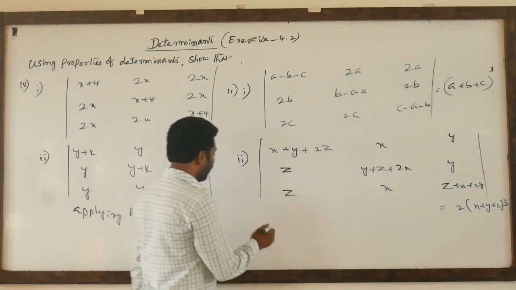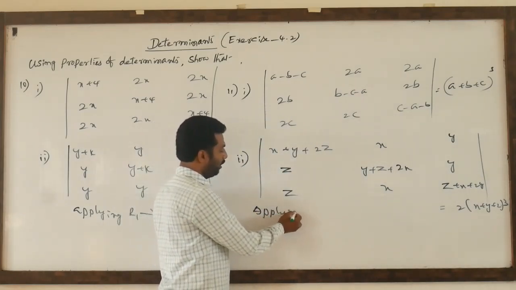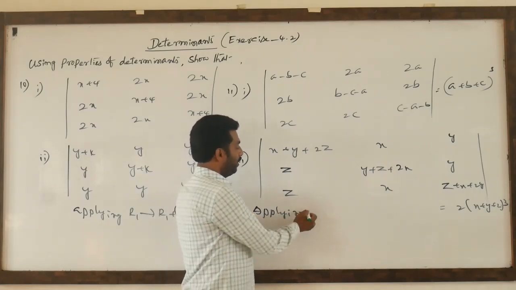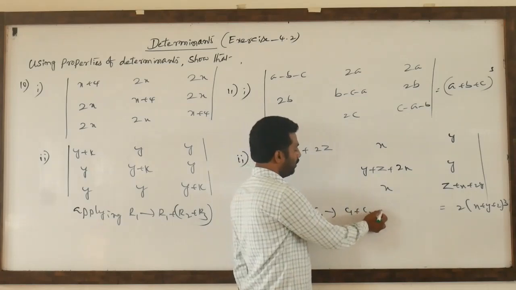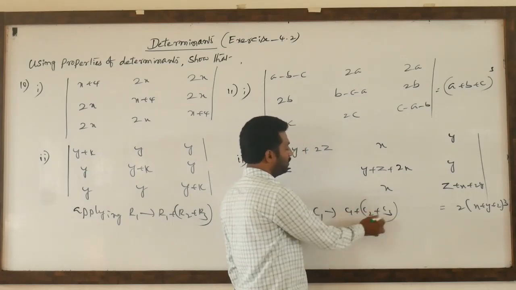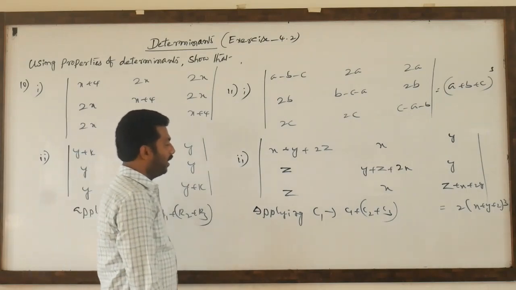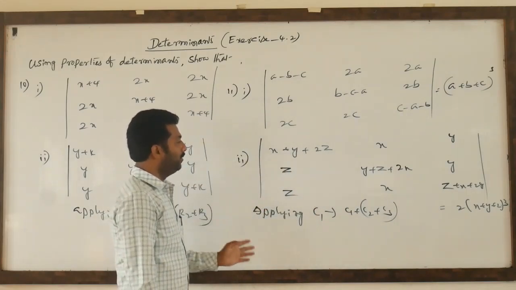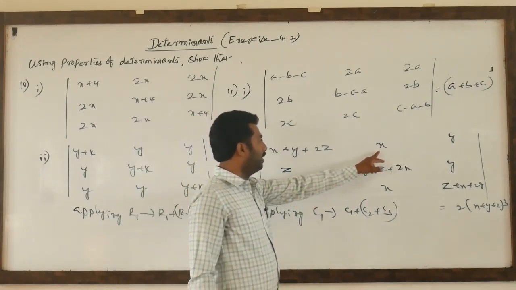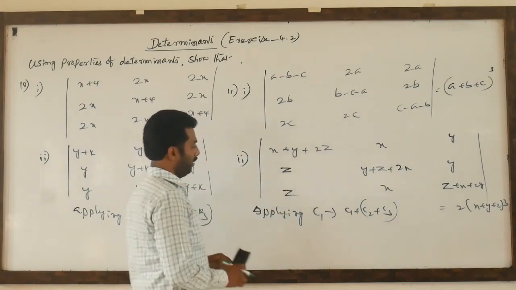So in this case, you apply C1 changes to C1 plus C2 plus the corresponding C3. For the C1 elements, we add the corresponding C2 and C3. If I add like that, what do we get? x plus x means 2x, y plus y means 2y.